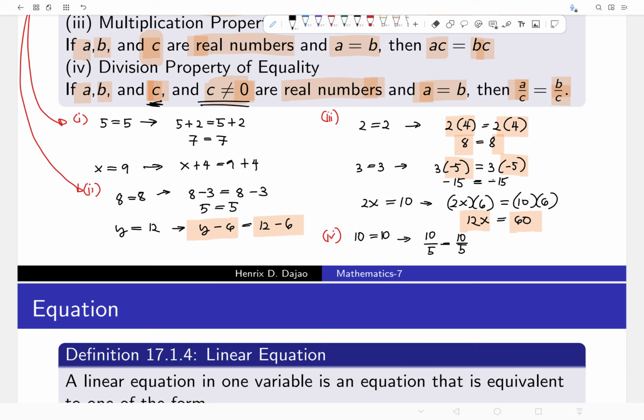Indeed, they're just the same because this one is 2 and this one is 2, which is equal to 2.